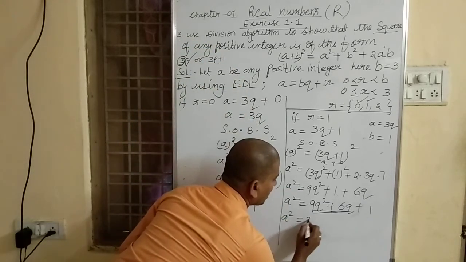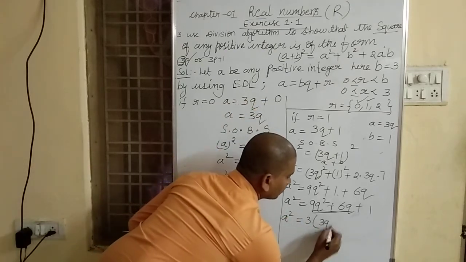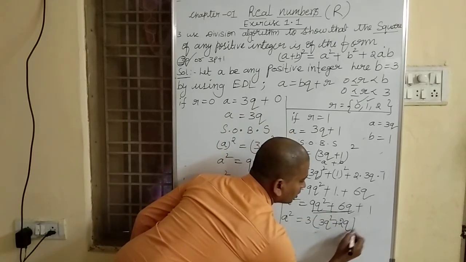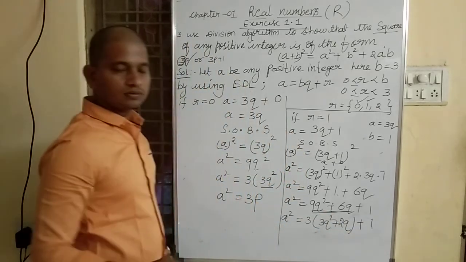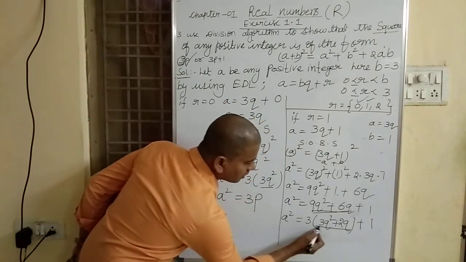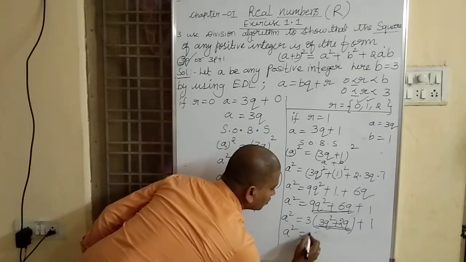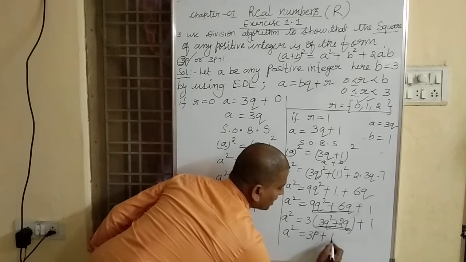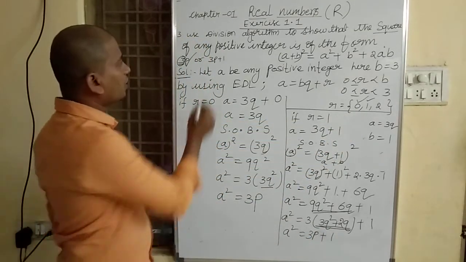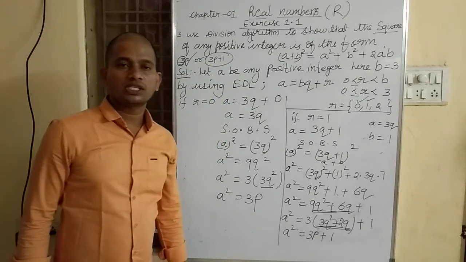If I take 3 as common, 3 3s are 9 plus 3 2s are 6. This one as it is you write down. Now you can consider 3q square plus 2q as p. So a square equal to 3p plus 1. See, when I substitute r equal to 1, I got the form 3p plus 1.